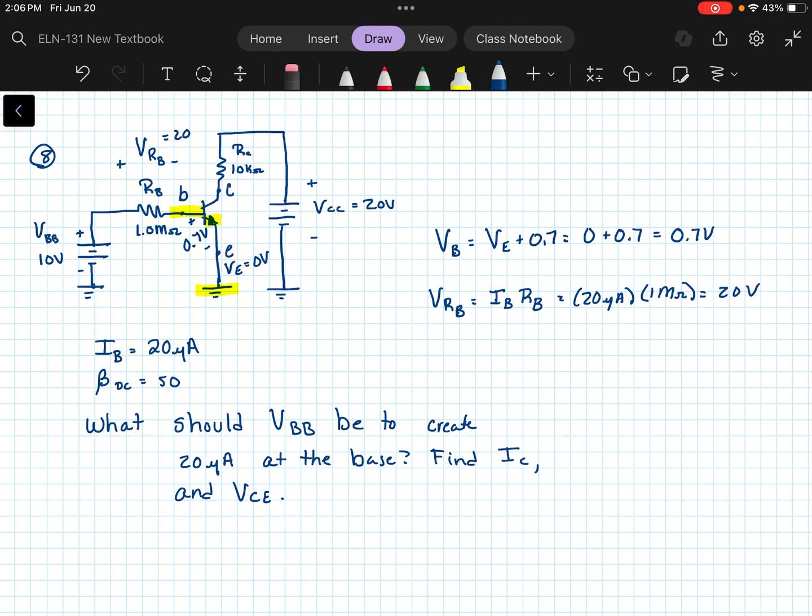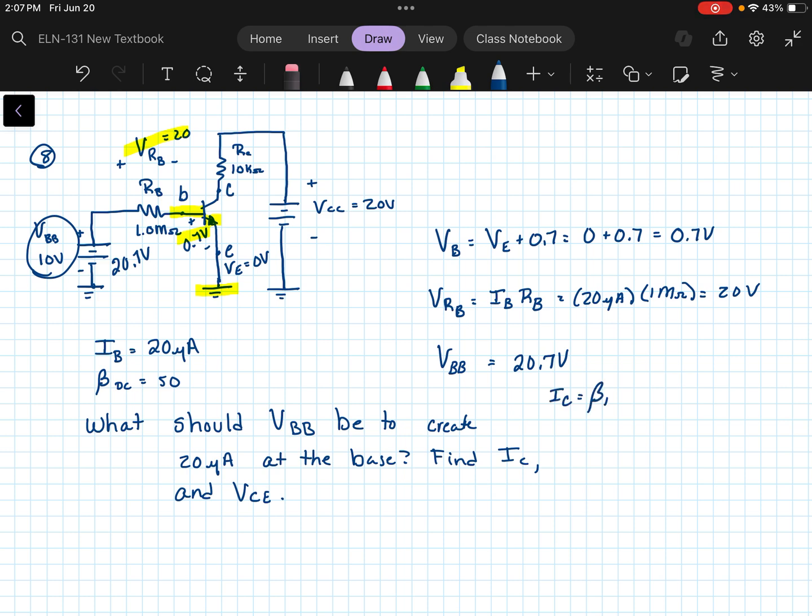So if we have a 0.7 volt drop here, and we have a 20 volt drop here, we have to have at least 20.7 volts applied. So the answer to that would be 20.7 volts applied at VBB. Now we're also asked to find IC and VCE.